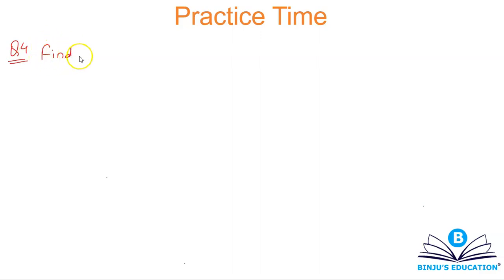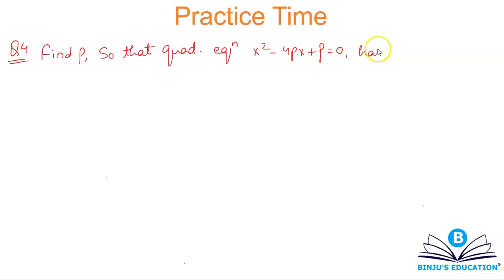Find p so that the quadratic equation x square minus 4px plus p is equal to 0 has equal roots, where p is a constant value, of course. So find p so that the quadratic equation has equal roots.